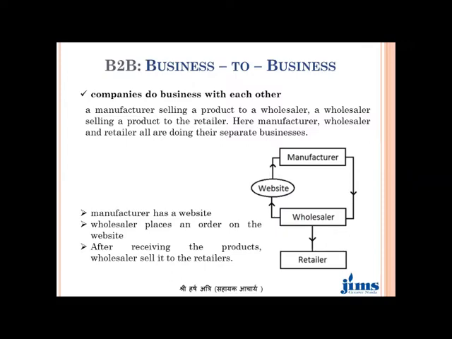That means a manufacturer selling a product to a wholesaler, selling a product to the retailer. Here, manufacturer, wholesaler, and retailer are all doing their separate businesses. So the wholesaler places the order on the manufacturer's website. From the retailer, the product comes into the market, and the customers purchase the product through the retailers.